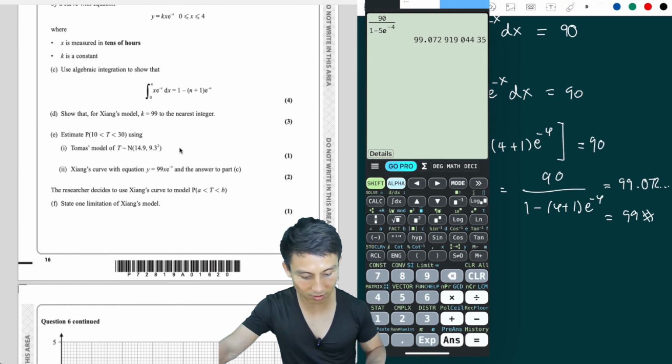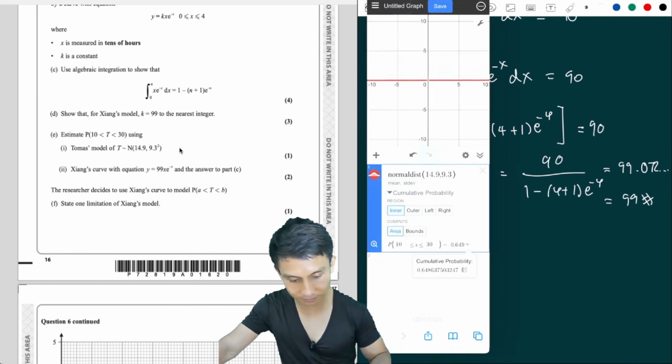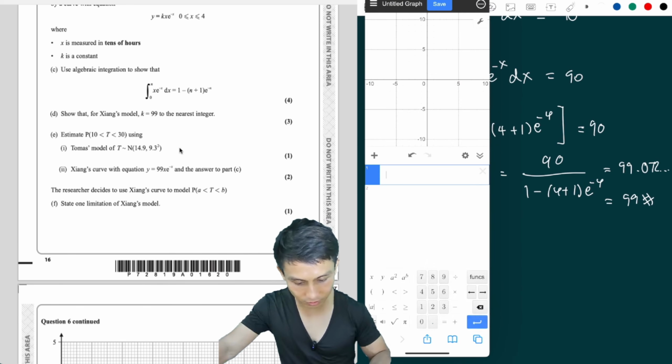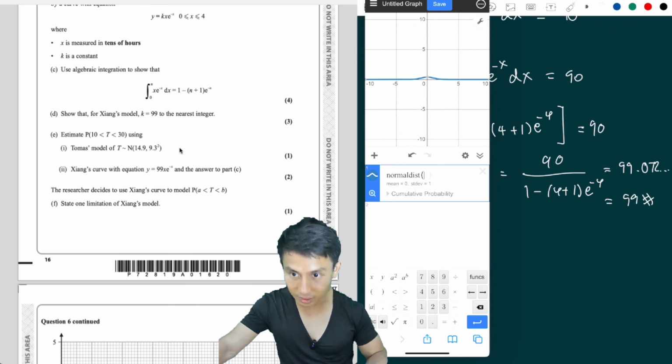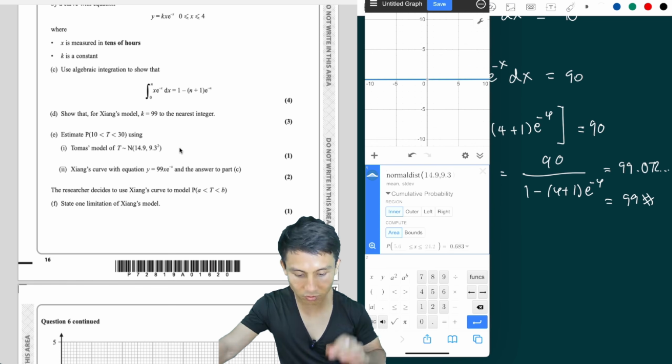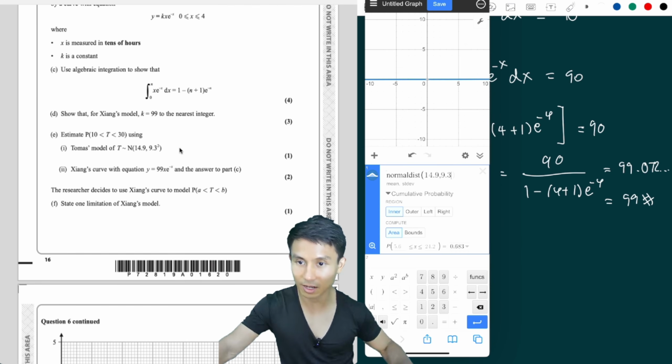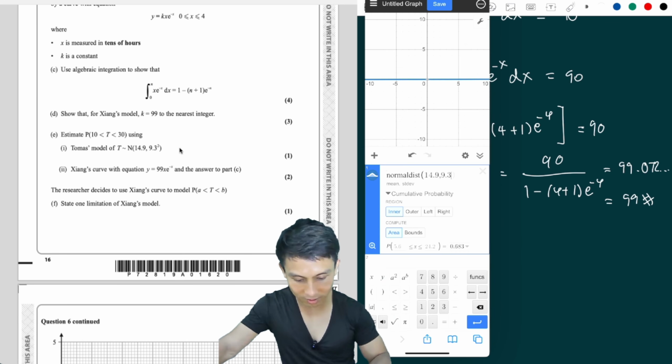But I'm going to use a Desmos calculator here. So function, and then I go normal distribution here. Mean is 14.9, standard deviation is 9.3, and then we're going to do area, the inner area, because we want from left to right.